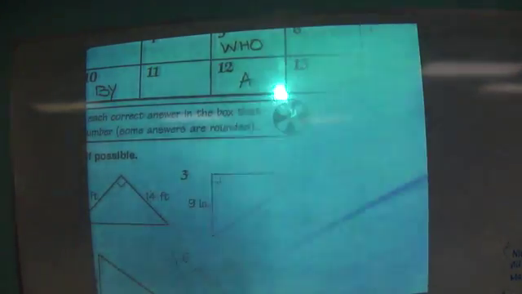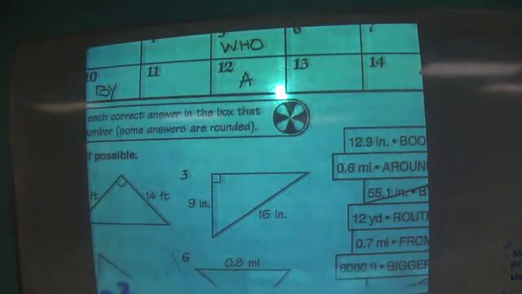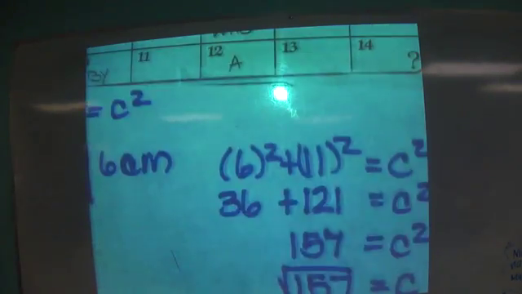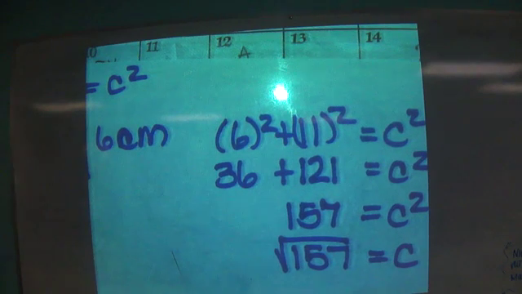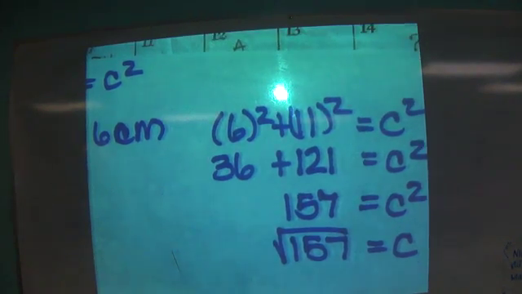So when we look at this, what is 157 between? Okay, think of your perfect squares. All right? So look at a number line.